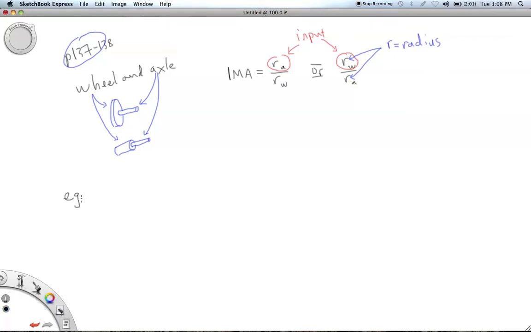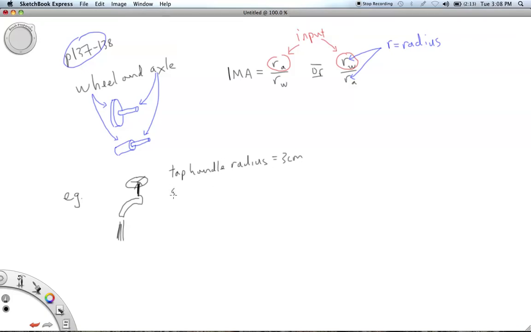Let's do one over here. For example, let's say I'm going to try and draw this in a way that's understandable. Say I got this handle of a tap. It's got a little bit of a rod here, and it is attached to, let's say, this part that spews out water here. Let's say the tap handle radius is equal to 3 centimeters.